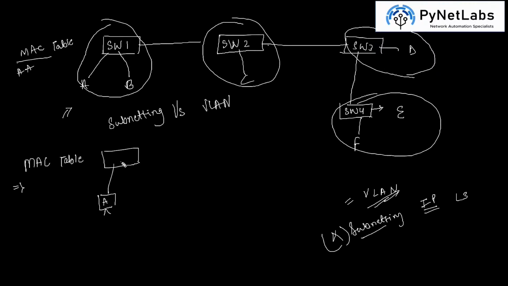If there is some entry, so let's say we have these PCs connected to the switch and their MAC addresses are AA, BB, CC. This is just an example.